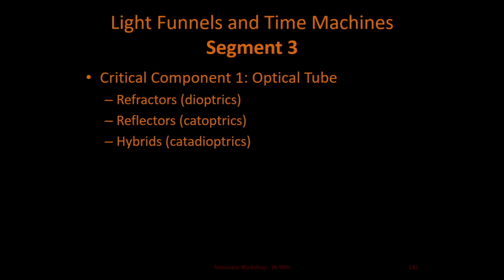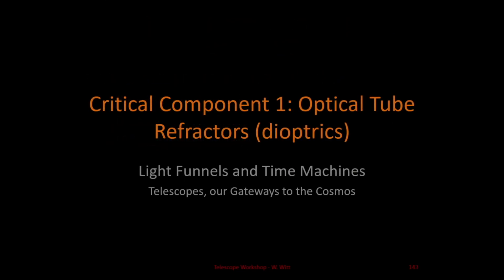There are refractors and reflectors. Refractors are made from lenses, reflectors are made with mirrors, and then there are hybrids, which have a combination of lenses and mirrors. We'll go over these in some detail and talk about the different types of OTAs. So let's start with the refractors, also called dioptric telescopes.